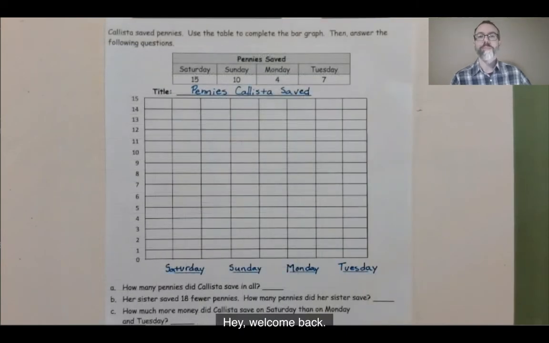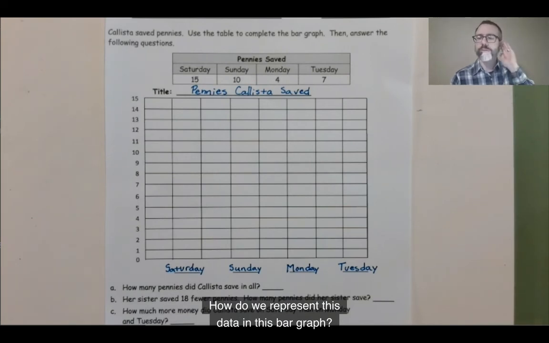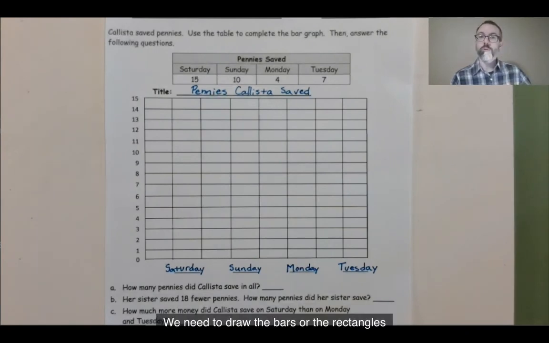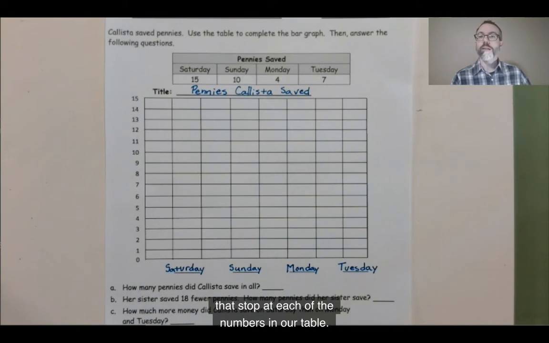Okay, welcome back. Now that we've completed our title and categories, it's time to represent the data. How do we represent this data in this bar graph? We need to draw the bars or the rectangles that stop at each of the numbers in our table. So let's first mark where our bars or our rectangles are going to stop for each of our categories.